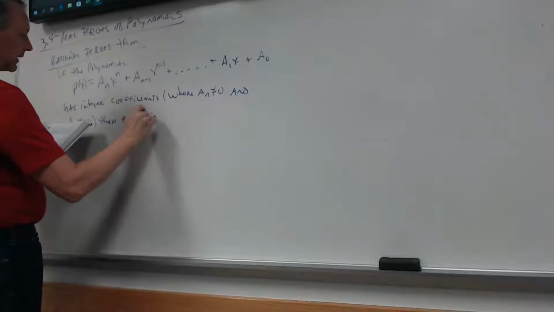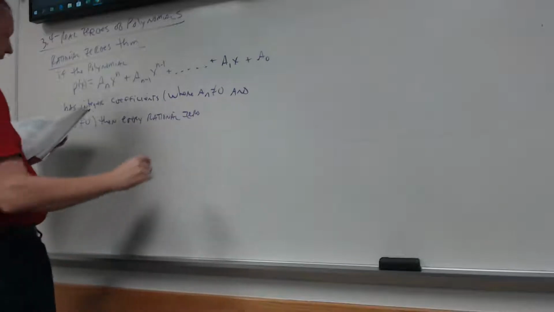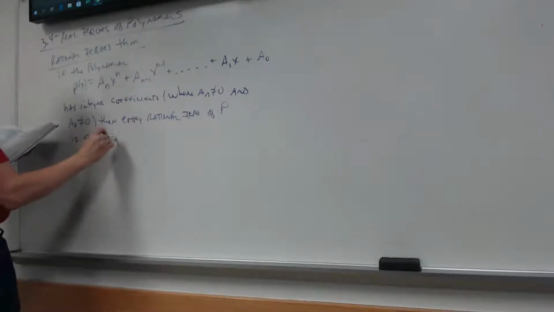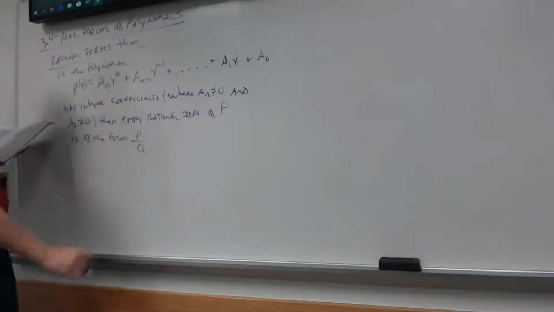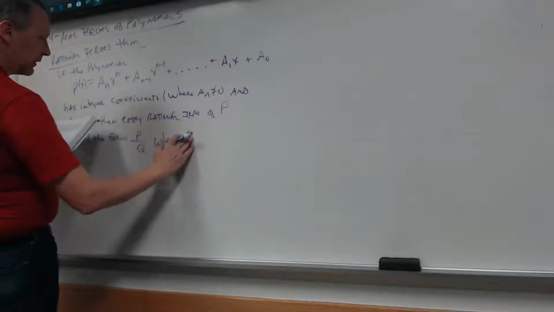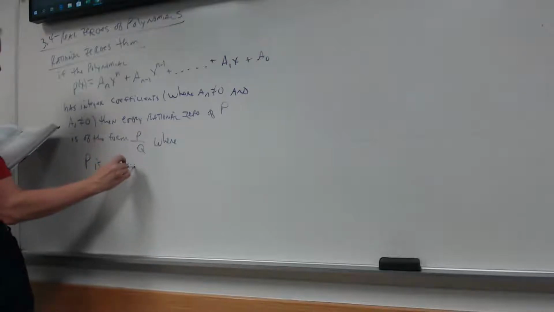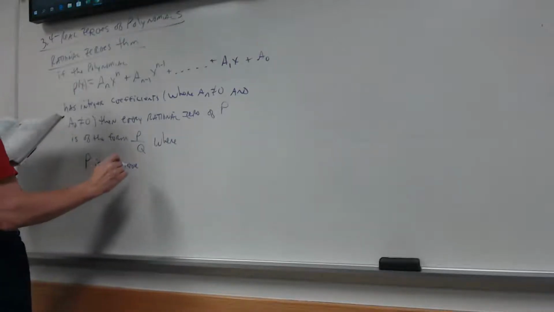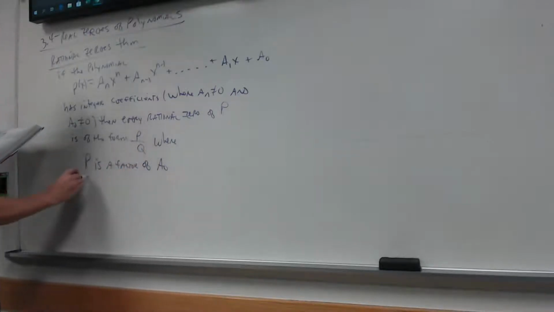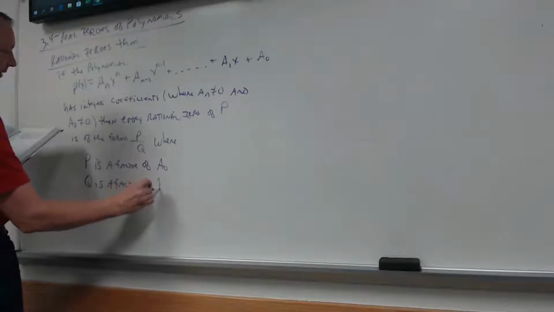then a rational zero of p is of the form p divided by q, where p is a factor of a sub 0 and q is a factor of a sub n.